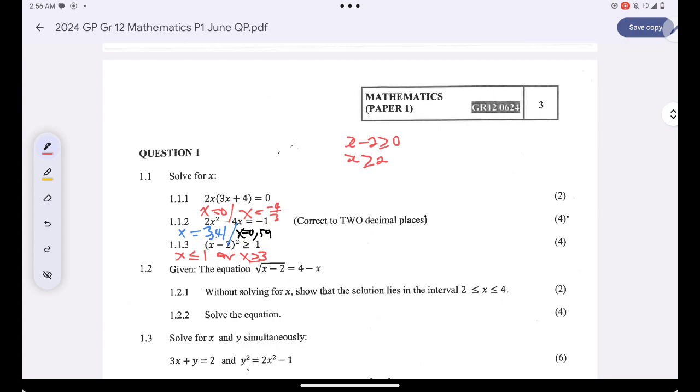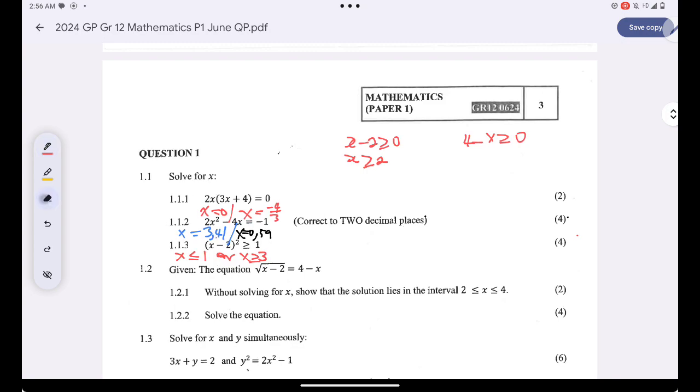Are you together? And then if I have something under a square root, that thing should also be equal to an answer which is positive, because there's nothing that you put under a square root and get a negative answer. Are you together? So the right hand side must be greater or equal to 0. Are you together?